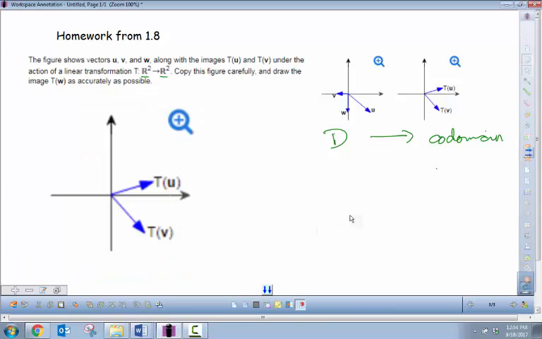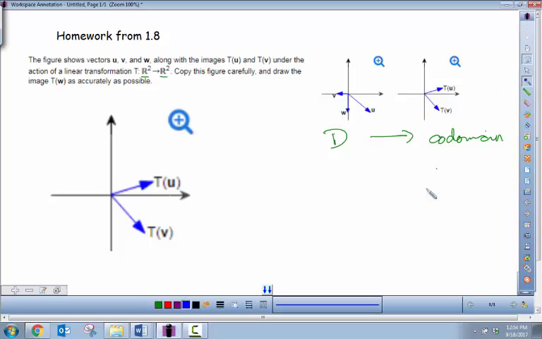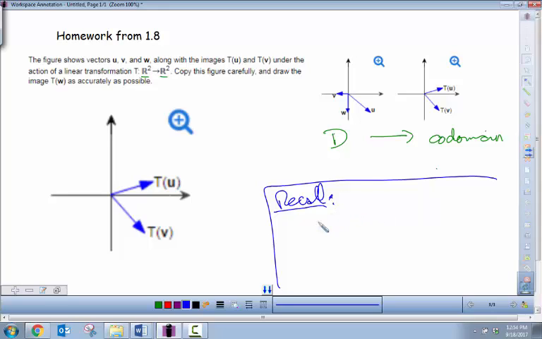What we have to do is find a relationship between u and v. Let's remind ourselves that this is a linear transformation, so T of alpha u plus beta v, where alpha and beta are the common symbols for scalars, but we could use x1 and x2, is equal to the scalar times T of u plus the other scalar times T of v.